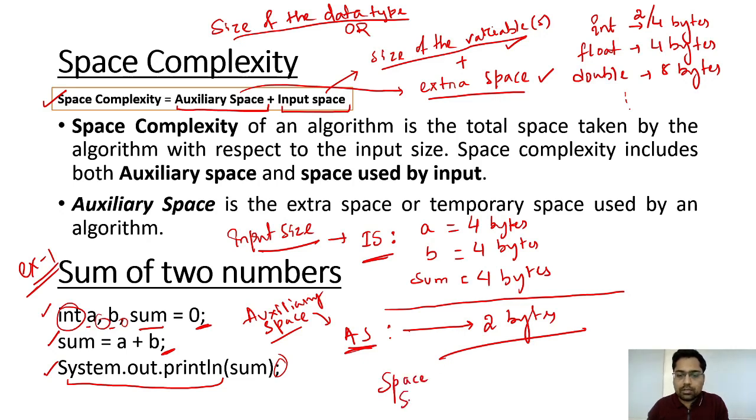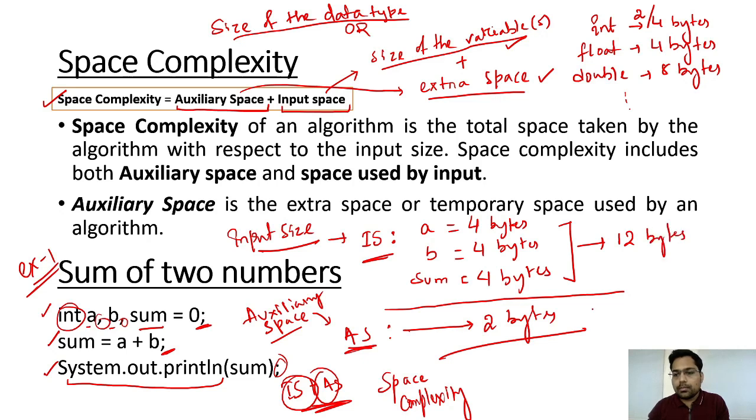To find space complexity, it is the addition of input space and auxiliary space, which is 12 bytes plus 2 bytes. So the total will be 14 bytes.